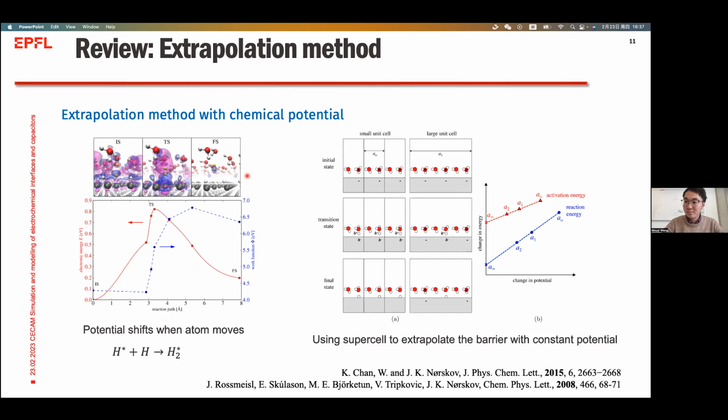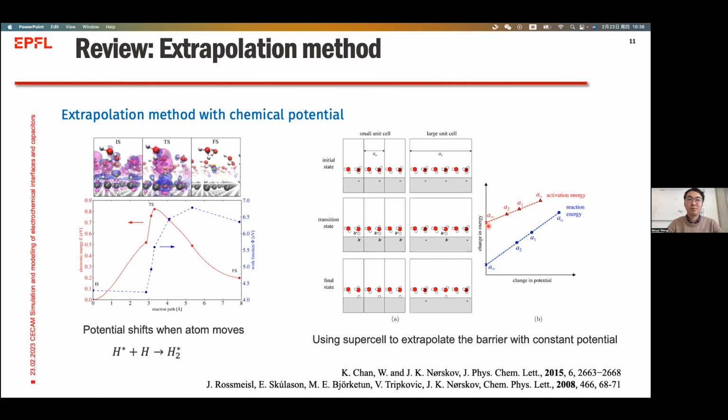In this way, people can first use a small unit cell to calculate the activation energy and reaction energy of the barrier, and then use a larger supercell, and plot the changes in energy with respect to the changes in potential.